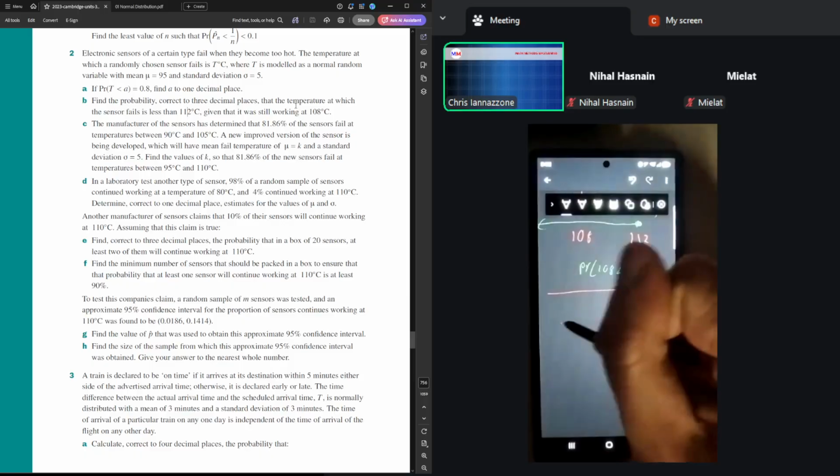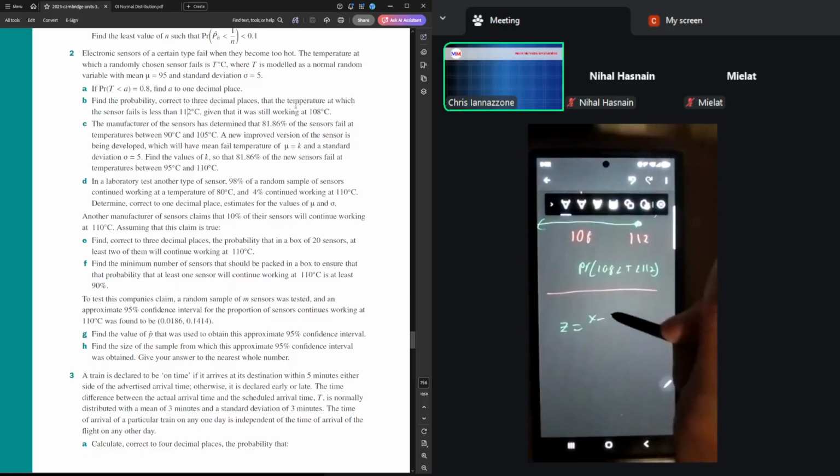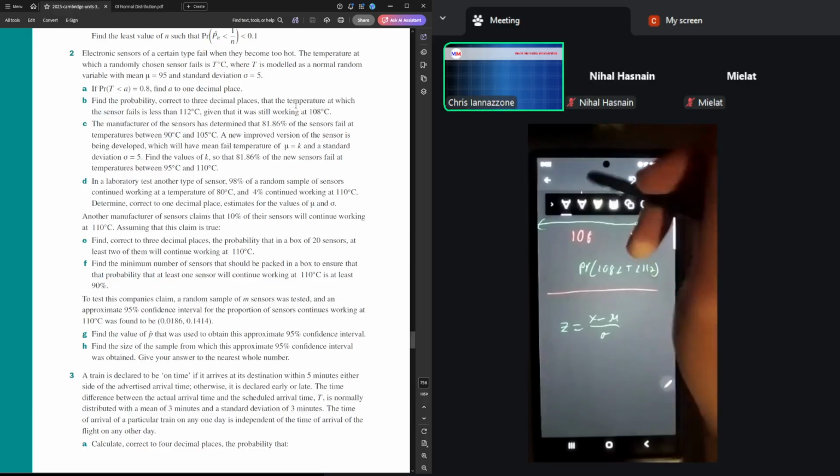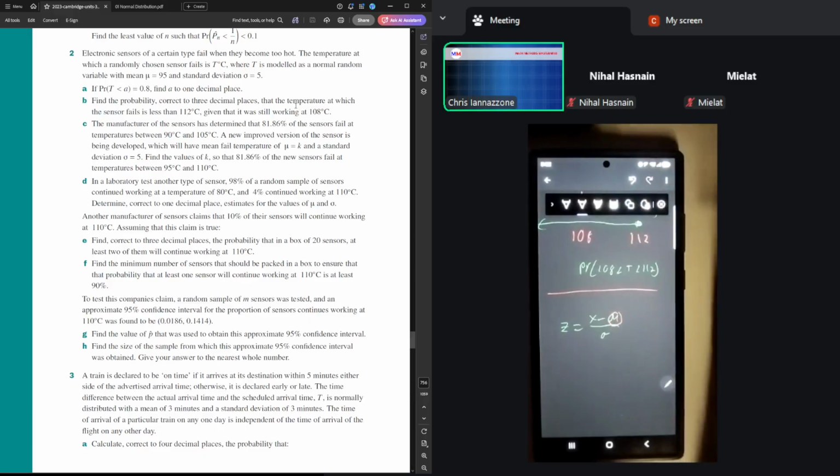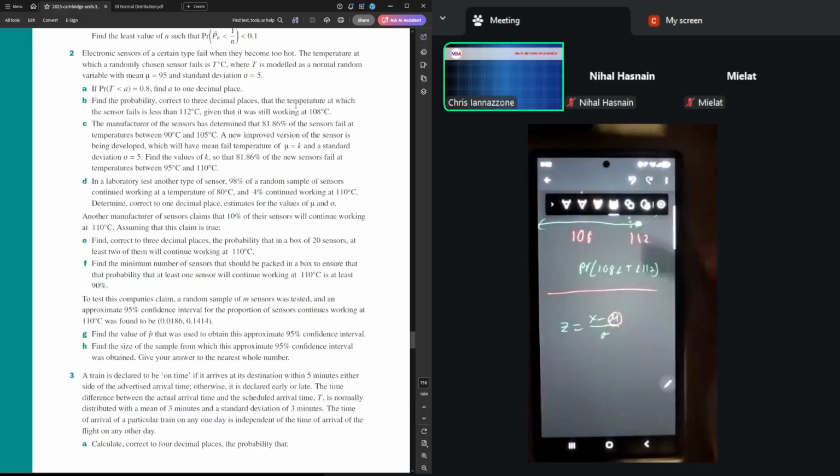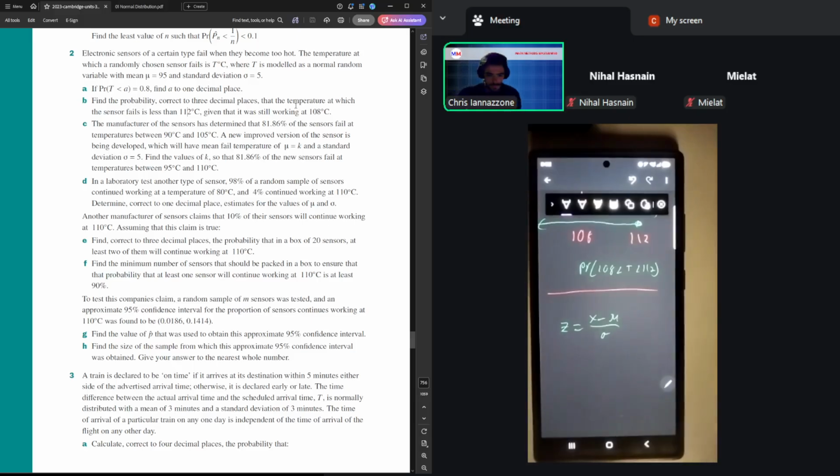So, Z is equal to X take mean on standard deviation. This is the only equation within normal distribution, I think, unless I'm forgetting one. It has the mean in it, so it seems like a good idea to use that equation.